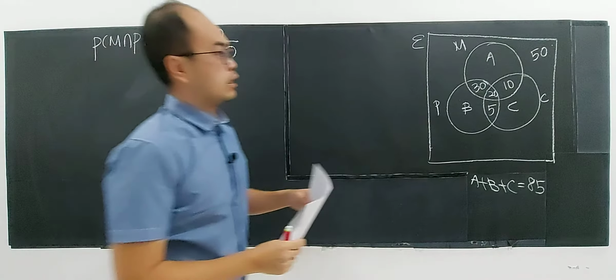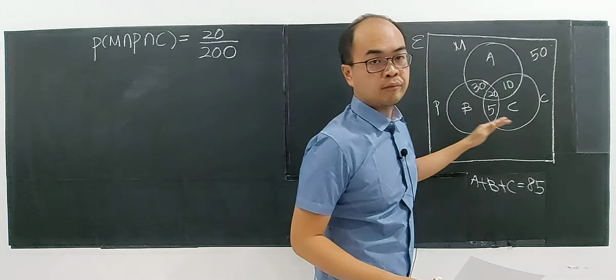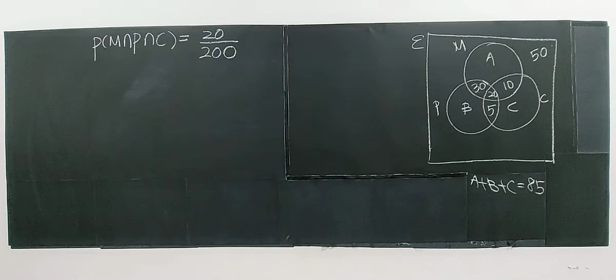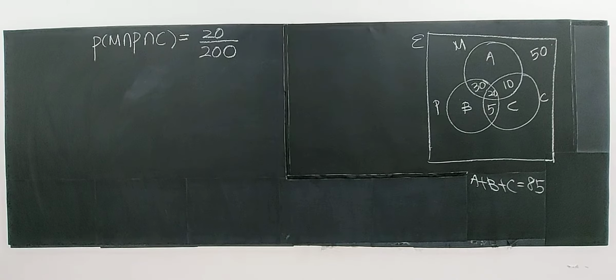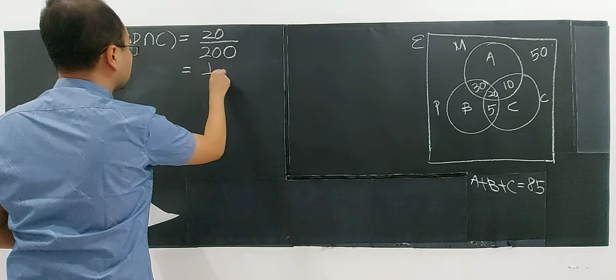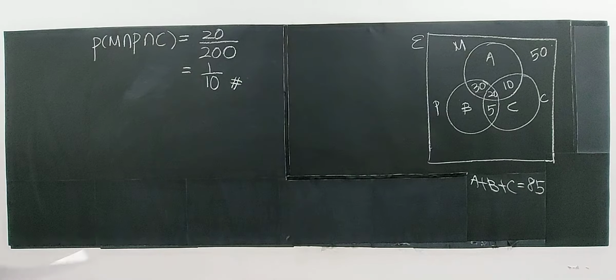In this semester, the universal set, we have a total of 200 students. So after calculating, we have 1/10, 10% of the students actually scoring in all the 3 subjects.